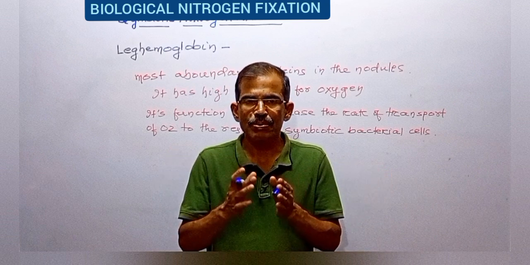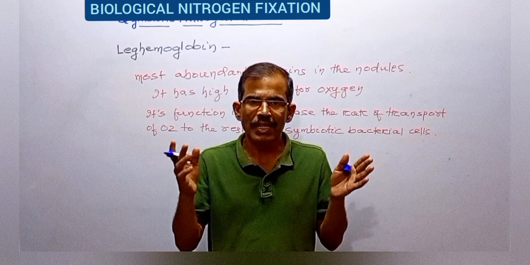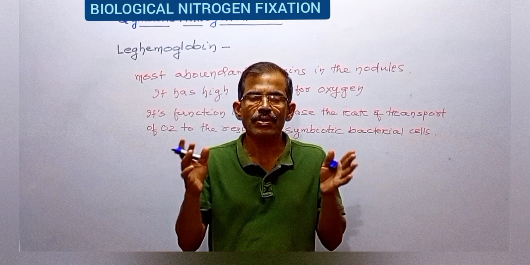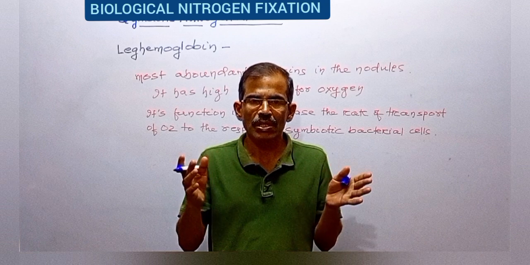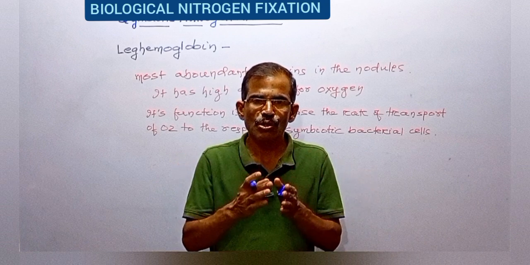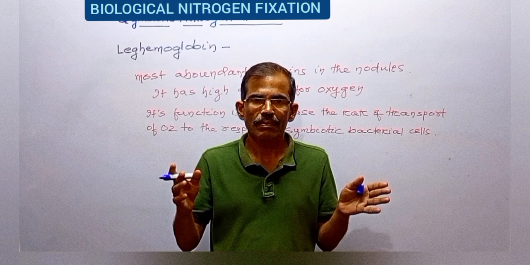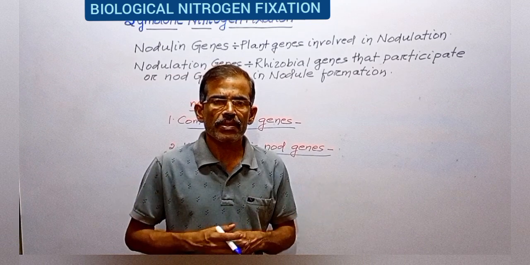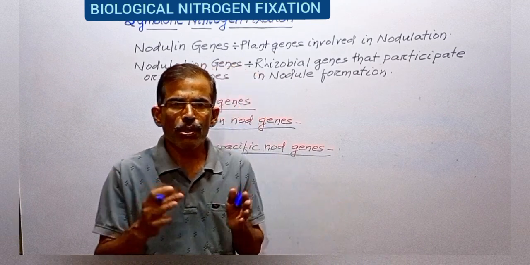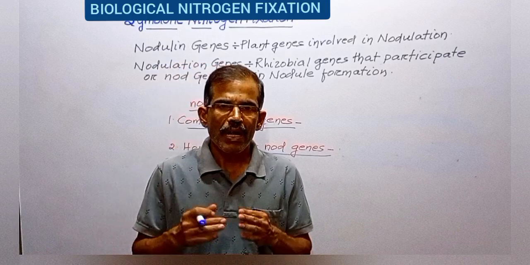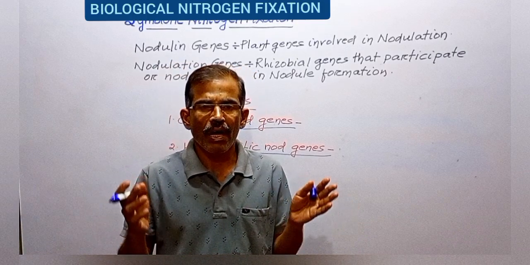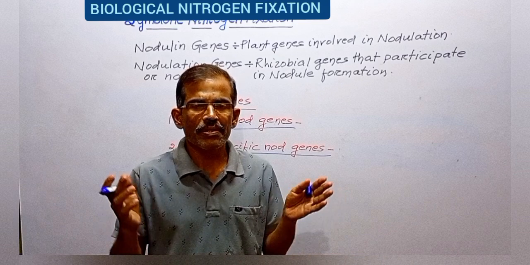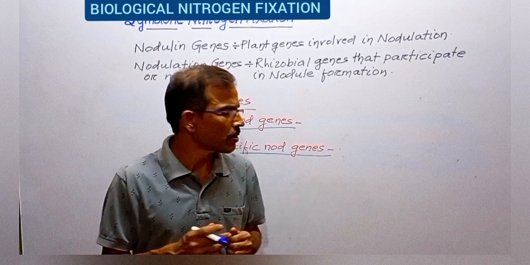Signaling, the subsequent infection process and the development of nitrogen-fixing nodules involve specific genes both in the host and the symbiont. Plant genes specific to nodules are called nodulin genes. Rhizobial genes that participate in nodule formation are known as nodulation genes or nod genes.